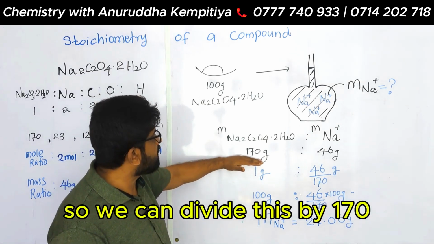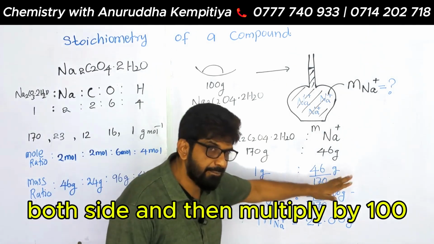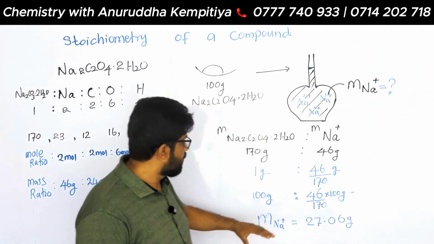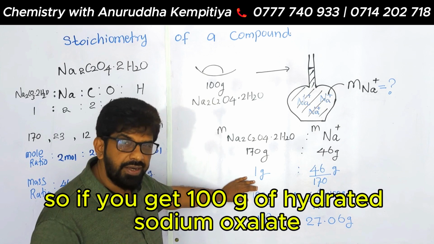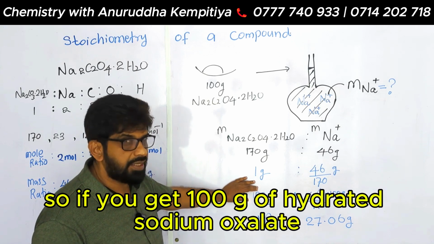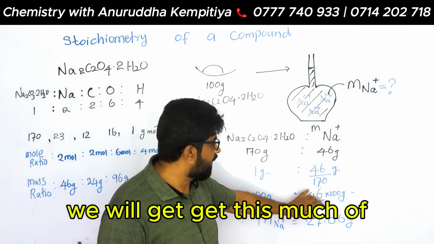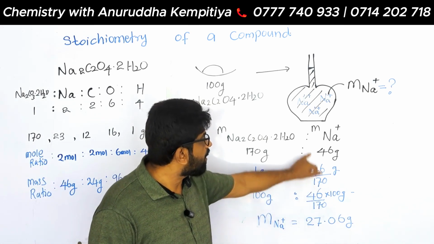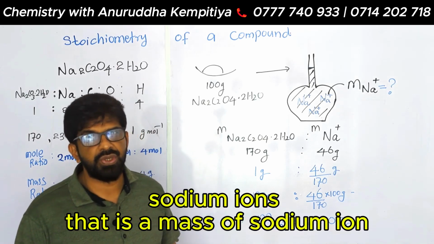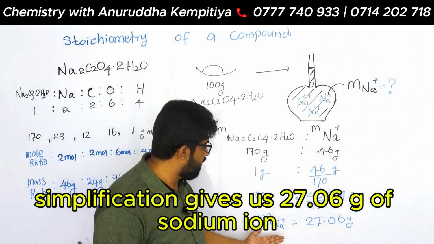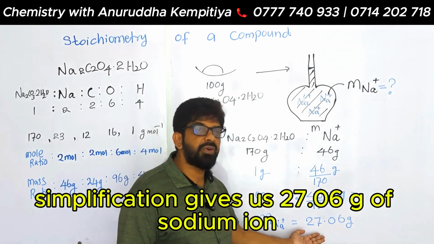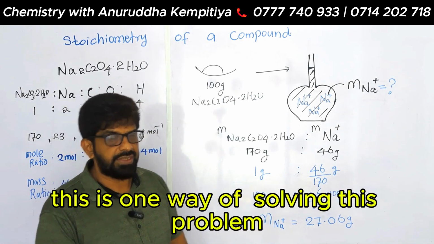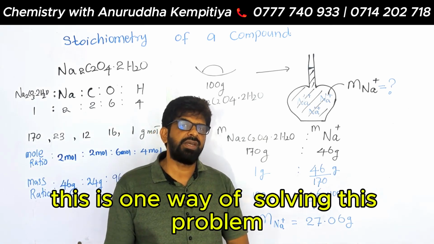So we can divide both sides by 170 and then multiply by 100. So if you get 100 grams of hydrated sodium oxalate, we will get this much of sodium ions. That is the mass of sodium ion. Simplification gives us 27.06 grams of sodium ion.